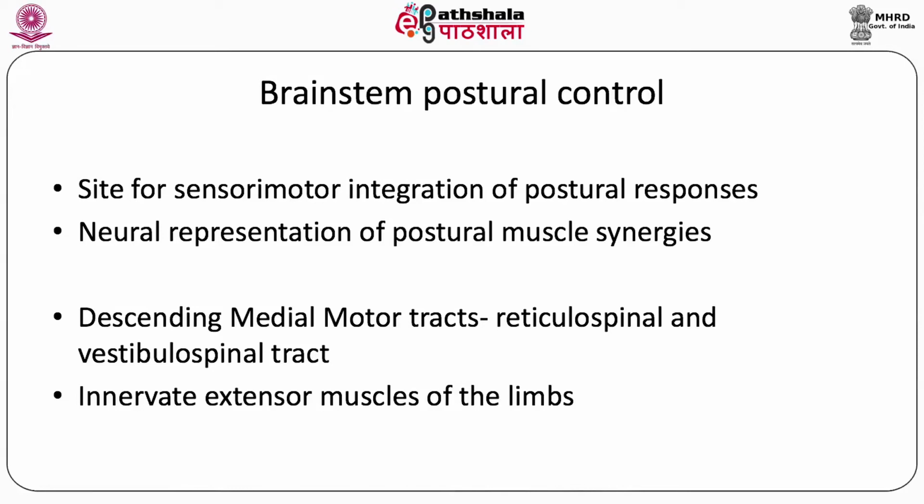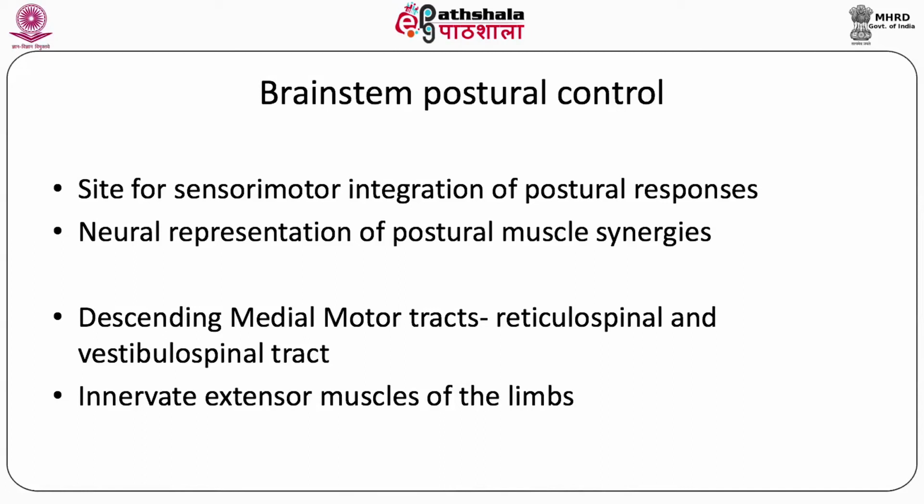Each of these also projects onto the extensor muscles of the upper limb and the lower limb. Now if you see the pontine reticular formation, it projects to various cerebral cortex centers and also receives projections from them. Whereas the vestibular centers receive sensory inputs from the somatosensory, the visual and the vestibular systems, and then also project onto the extensor muscles of the lower limb and the upper limb.